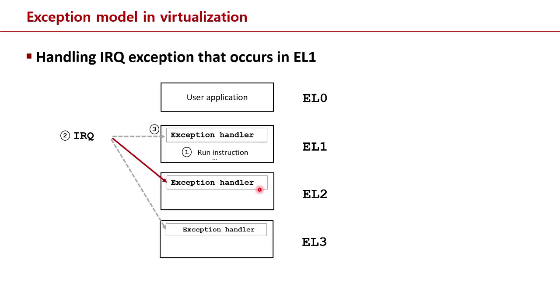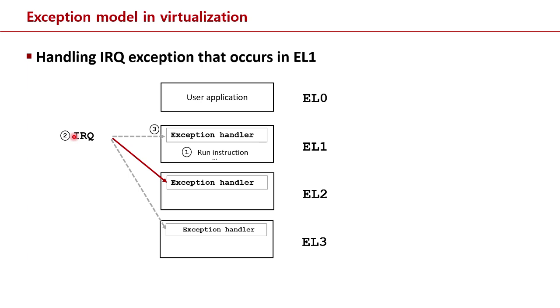Now that we have explored the exception model related to synchronous exceptions, let's take a look at another control flow when the IRQ exception occurs. An IRQ exception can be generated when an external event occurs. The typical example of an external event is a situation where a peripheral device signals an interrupt.